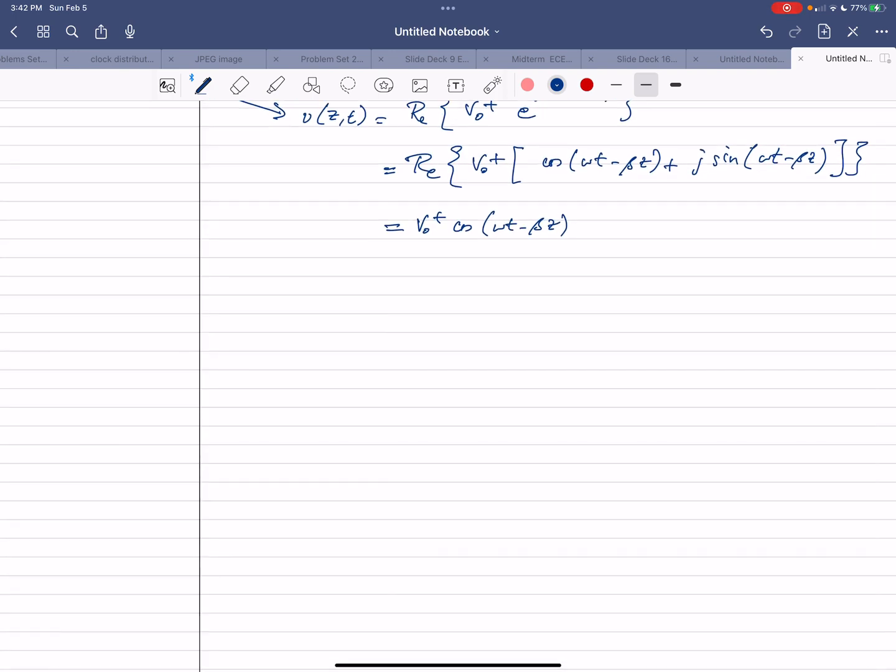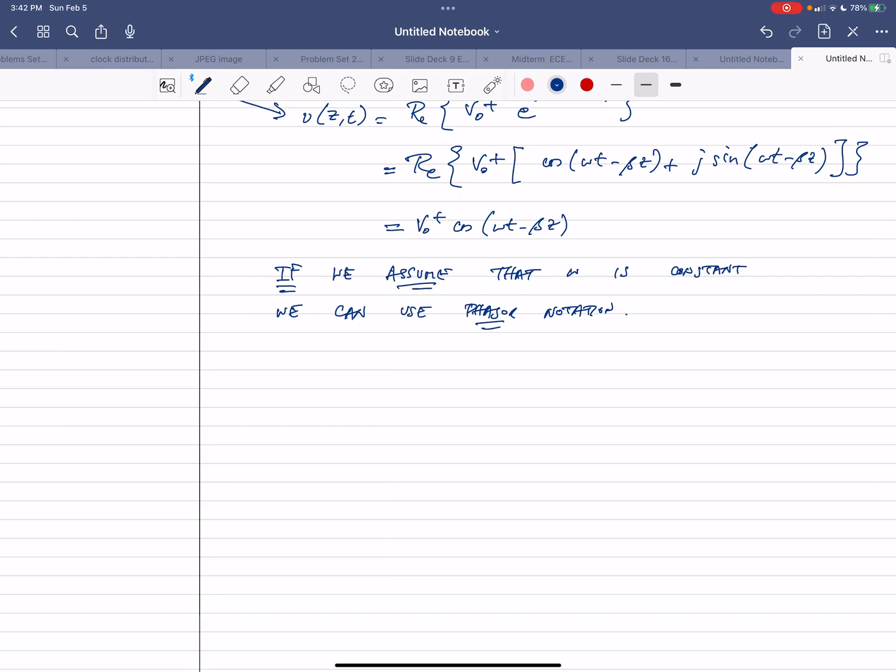Okay, so if we assume that omega is constant, what does that mean? That means we have a single frequency that the cosine or sine wave is in. It doesn't have multiple frequencies and it's not changing. Then we can use something called the phasor notation. What do we do there?